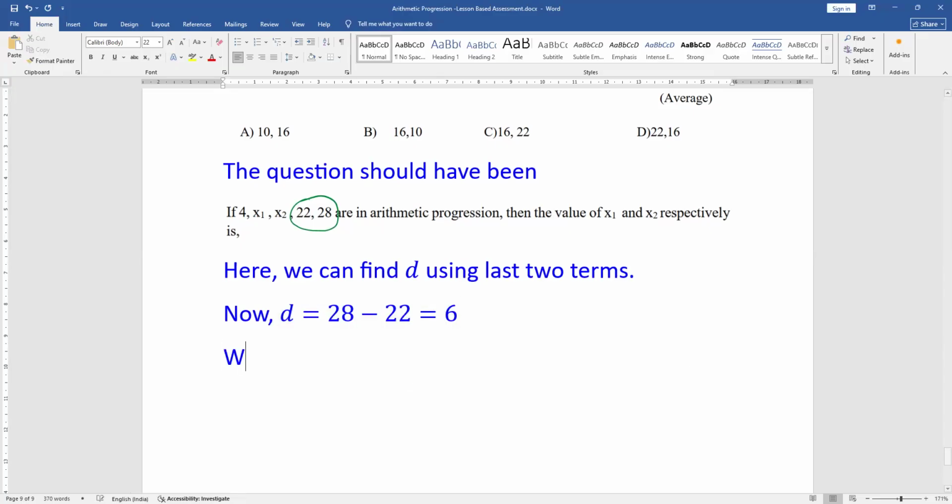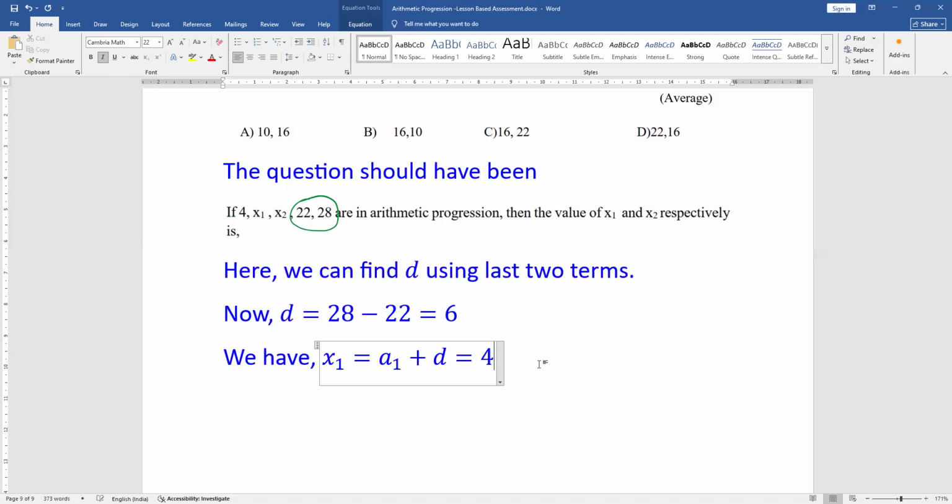So we have x1 equals to, so how do you get x1 now? x1 is nothing but a1 plus d, correct? So if we add d to a1, we get the next term, right? So it is nothing but a1 and the first term is how much?